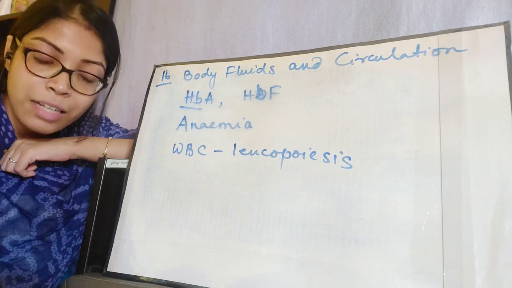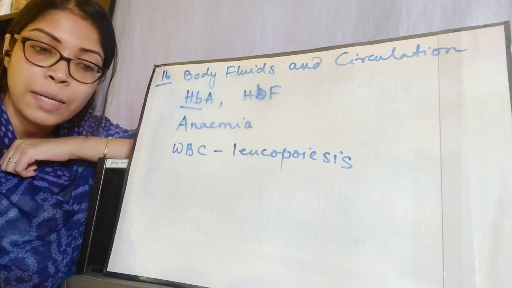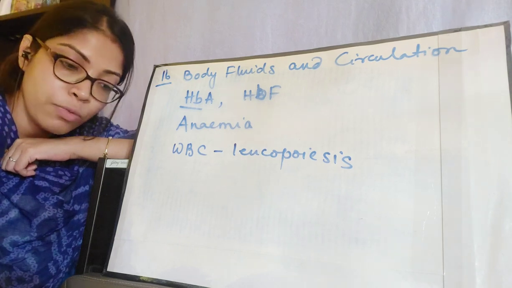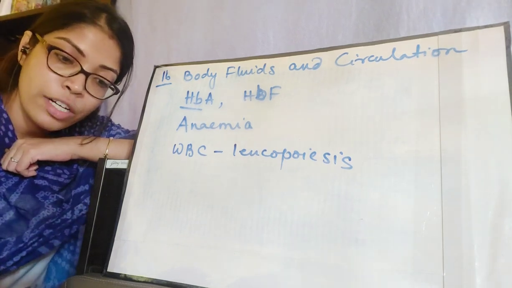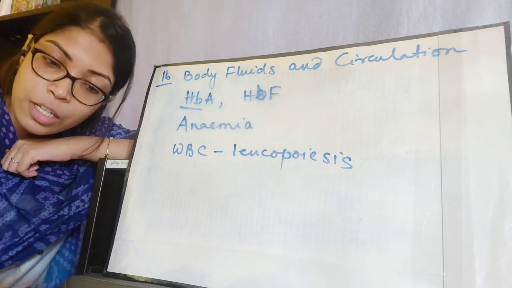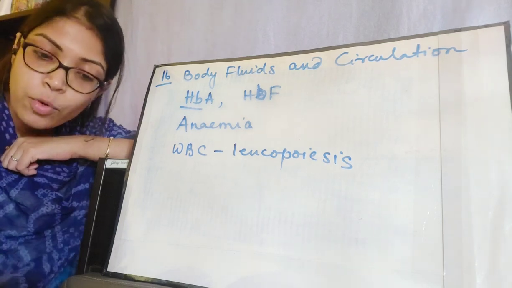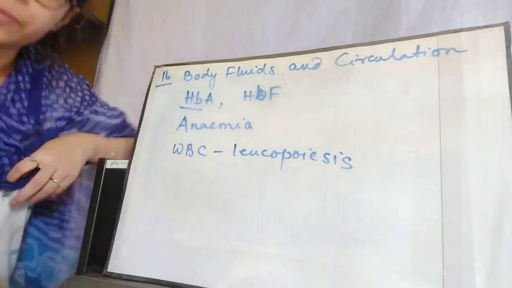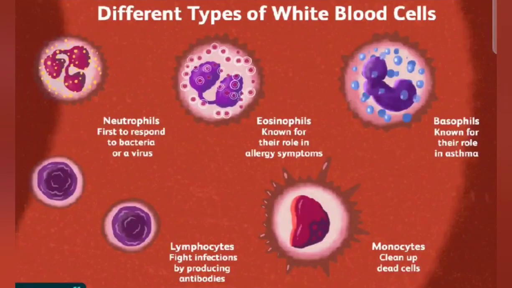So I started talking about the three types of granulocytes, which are neutrophil, eosinophil and basophil. I have already discussed neutrophil and eosinophil, and now I'm going to continue from basophil. Let's continue with the next type of WBC.